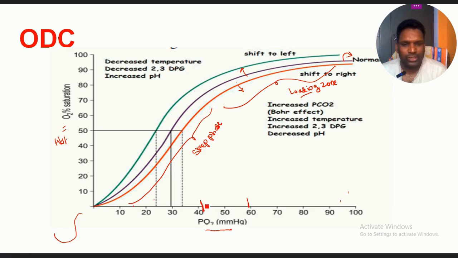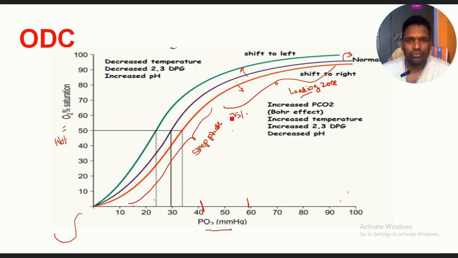Coming to the unloading zone, or steep phase, which is observed around 60 mm of Hg, it is concerned with oxygen delivery to the tissues.